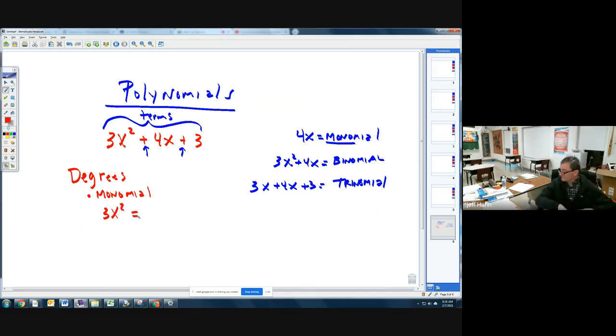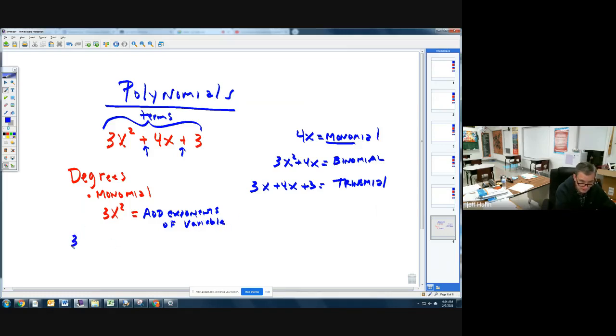What degree is that? To find the degree of a monomial, don't get confused on this, you simply add the exponents of the variables together. Not of the numbers, but of the variables.